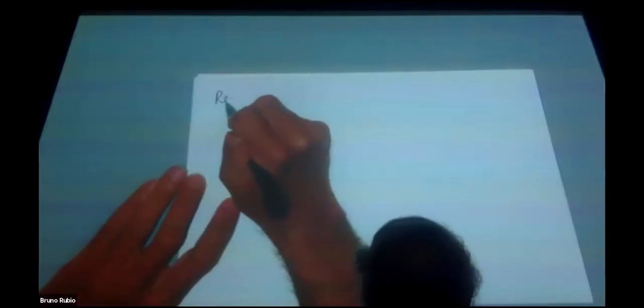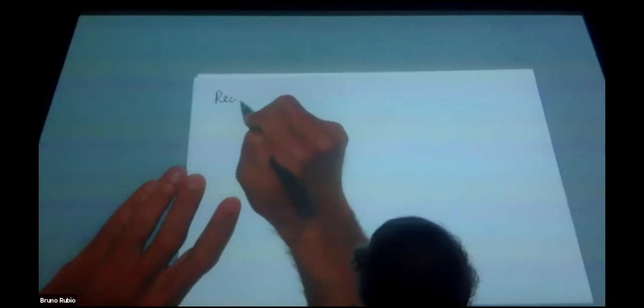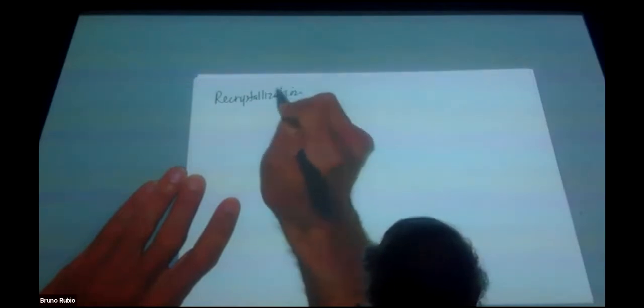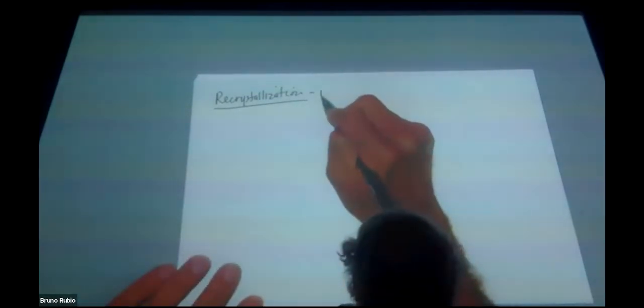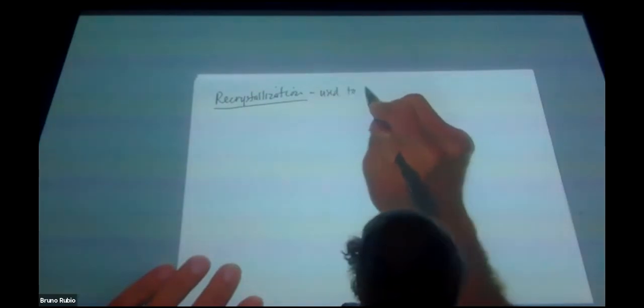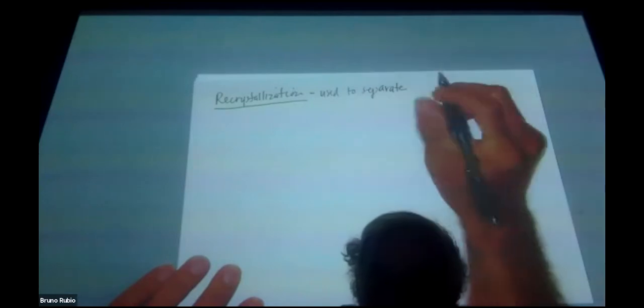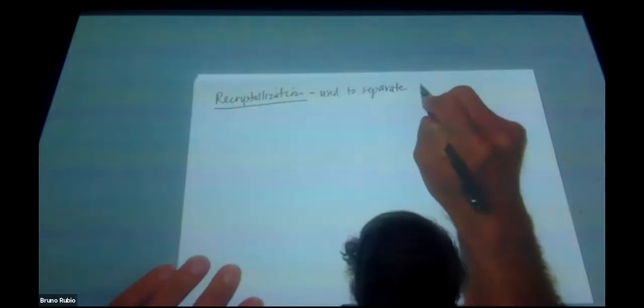Okay, another important technique of separation is recrystallization. And so you run a reaction, you get a solid. So this is used to separate or to purify solids.